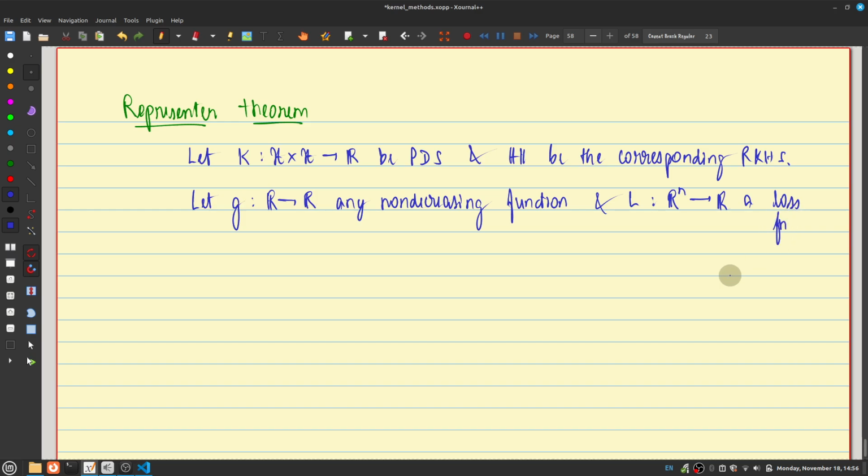So L need not necessarily have the form of an empirical risk, but it could be anything.